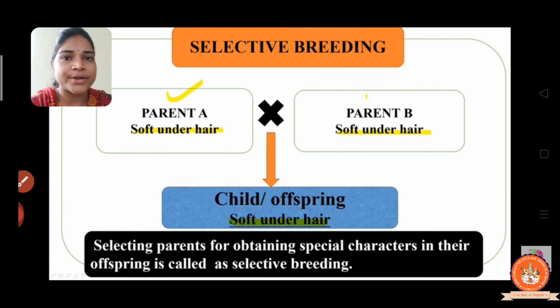You won't be short. Similarly, if both parents are soft under hair, then the child and offspring are also soft under hair, and from that we get good quality wool. Right?